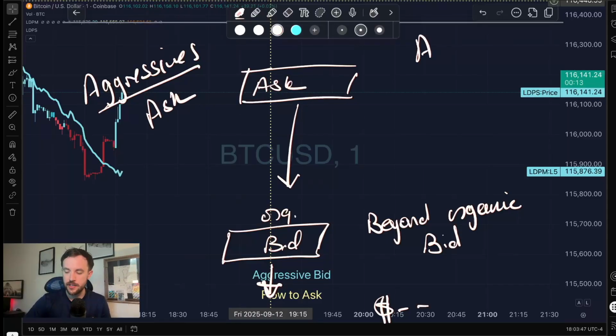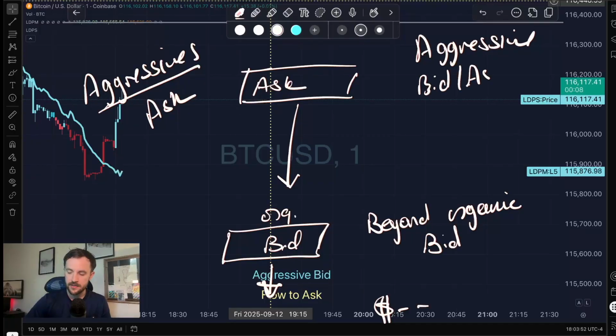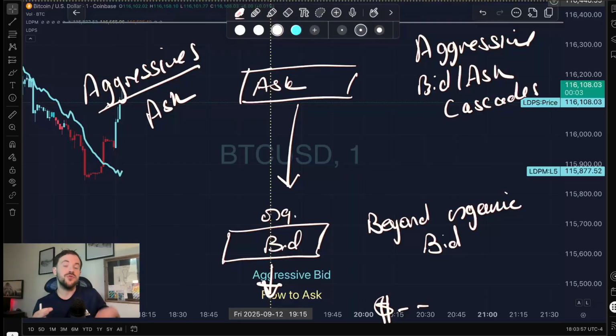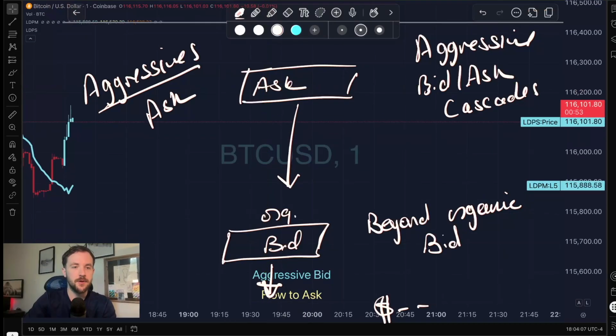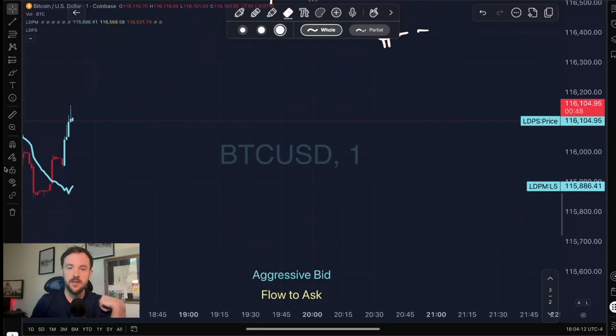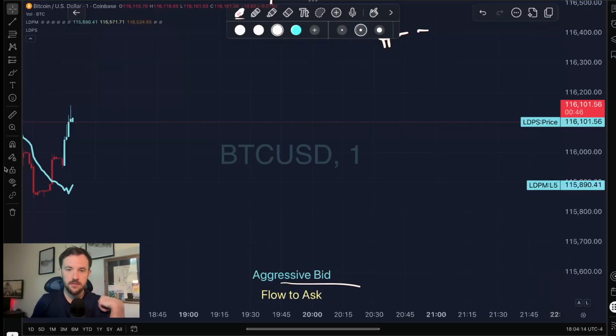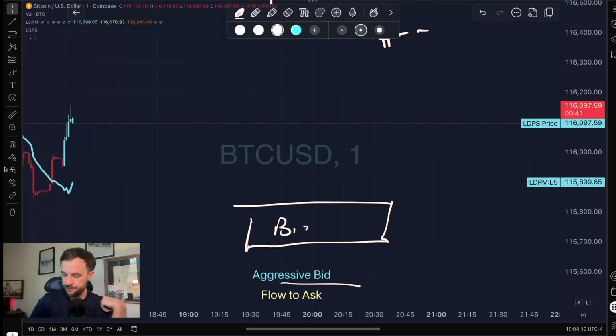And these are the ones that usually cause those aggressive bid-ask cascades. That's why those cascades are so eccentric. It's because they are being fueled by an eccentric member of the stock market. So what we see here in current conditions is this aggressive bid. So we have our regular bid, and then we have our ask.